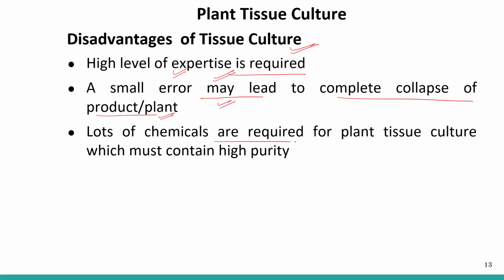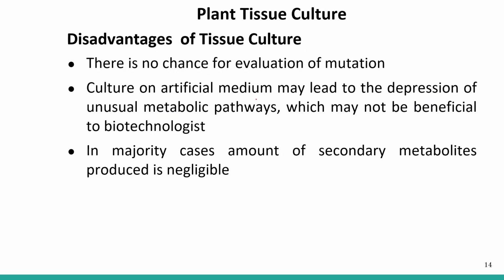Lots of chemicals are required for plant tissue culture, which must be of high purity. The chemicals which we use should be in pure form, with no contamination. There is no chance for the evolution of mutation.